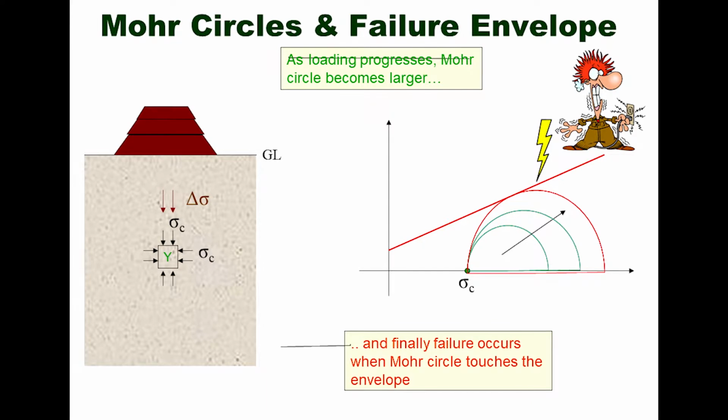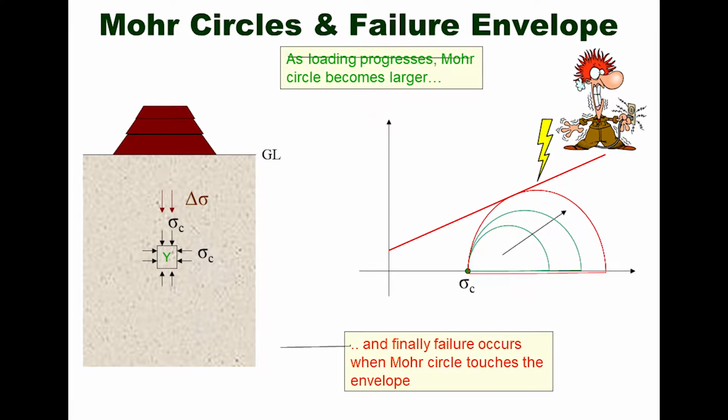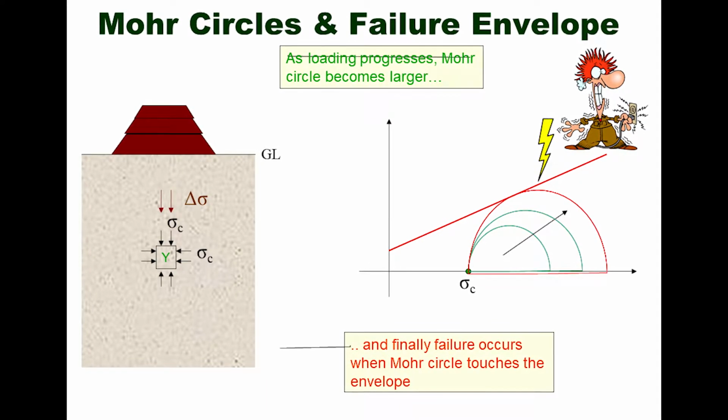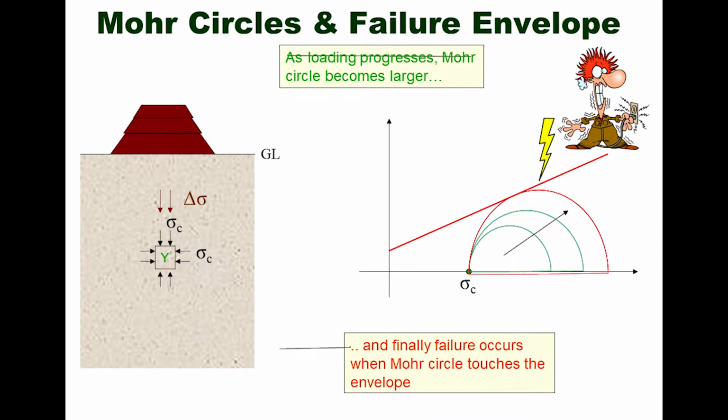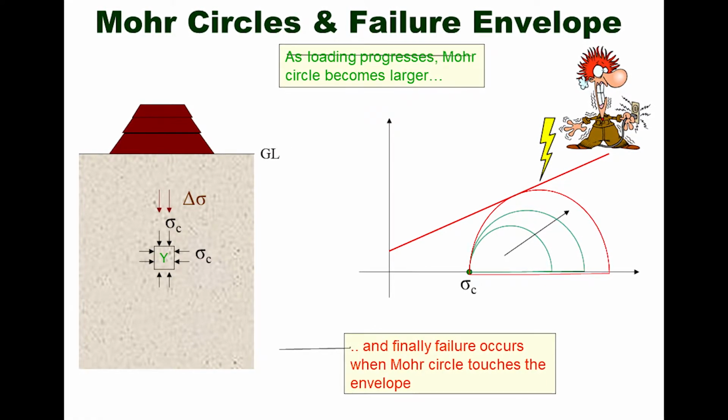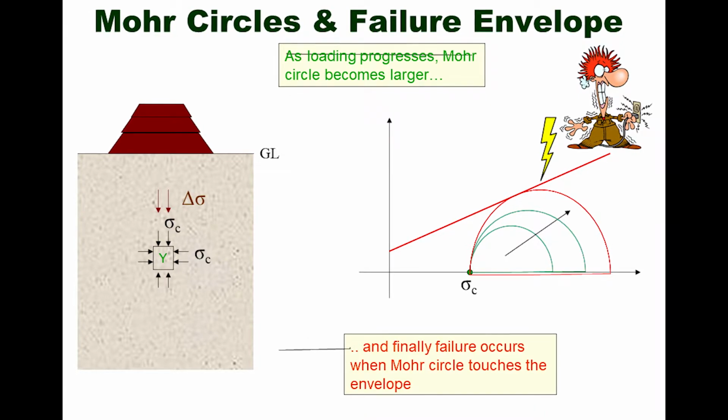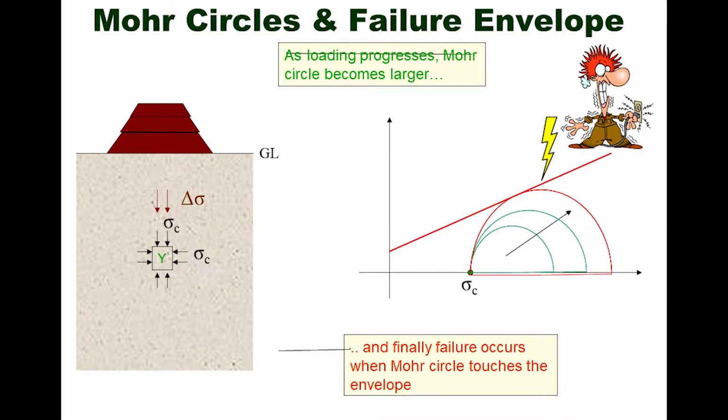So the diameter of the stress circle increases, and whenever it touches the failure envelope, the soil fails.